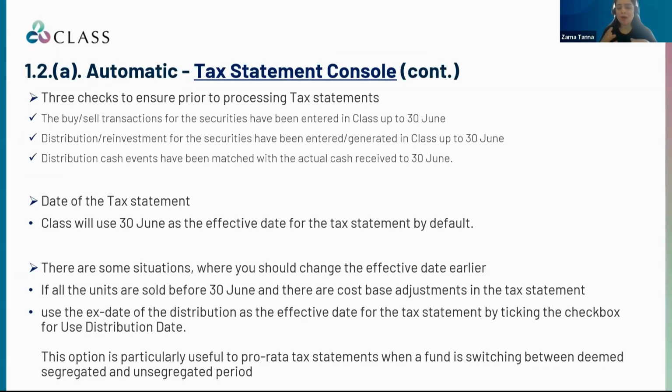Second, if you have a fund where the ECPI calculation method is changing from 100% segregated to an unsegregated period, or any segregated to unsegregated period, then in such scenarios, your tax statement could be processed prior to 30 June as well. And we will look into examples in the next slides.